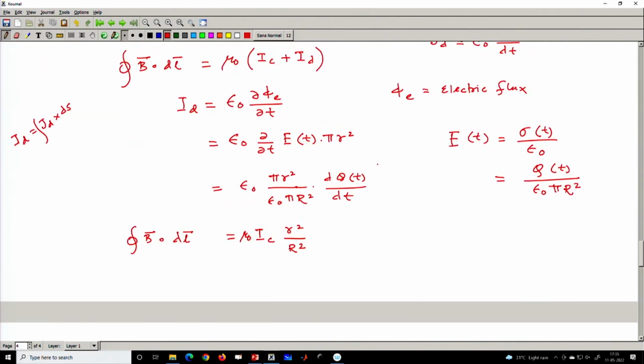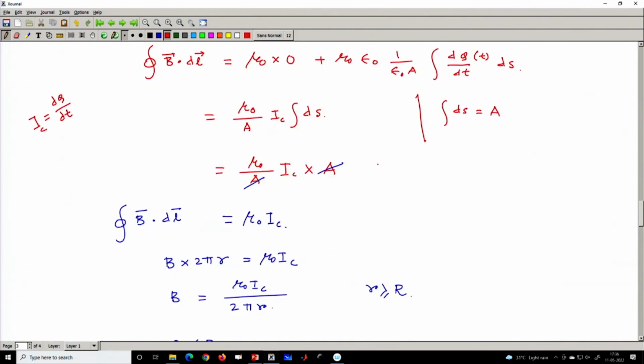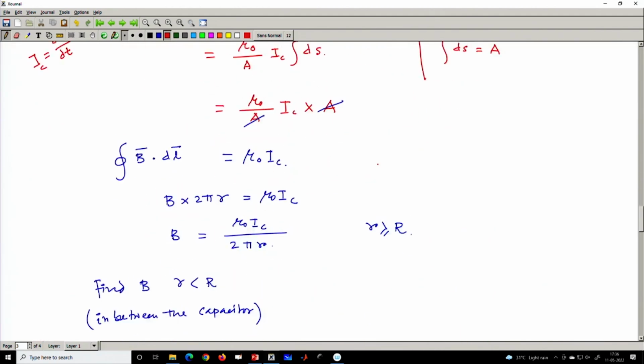Anyway, the point is we now have an understanding of what happens when the capacitor is charging, so let me summarize. We had two plates in the capacitor, and they are charging by a current I. When they are charging, there is a change of the electric field.